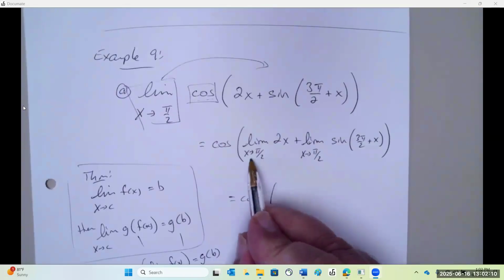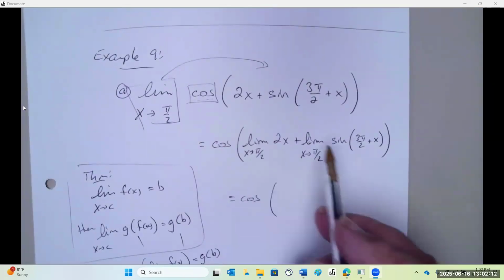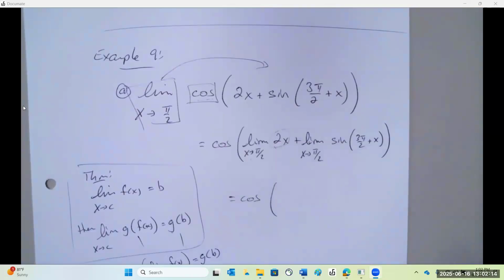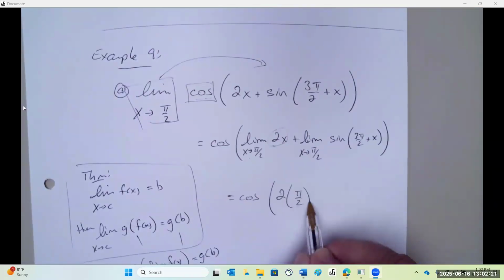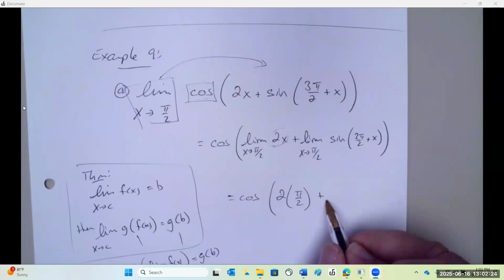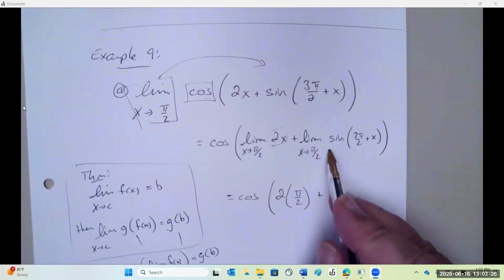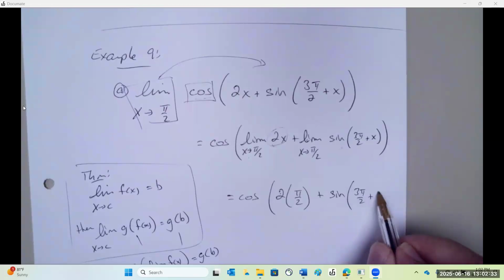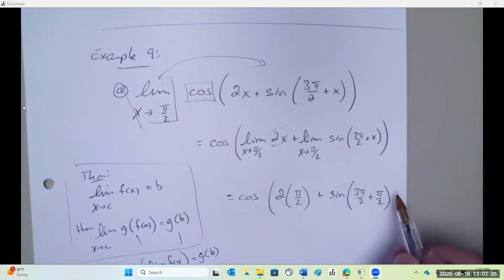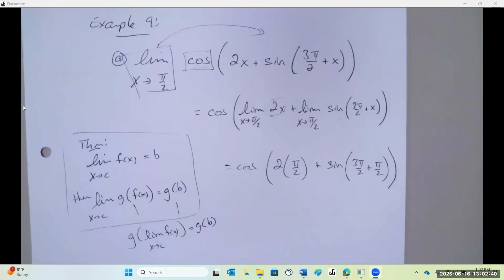So what happens here? When x becomes pi over 2, what does this one become? Pi. Because let me plug everything in: 2 times pi over 2, plus sine of 3 pi over 2 plus pi over 2, equals cosine.